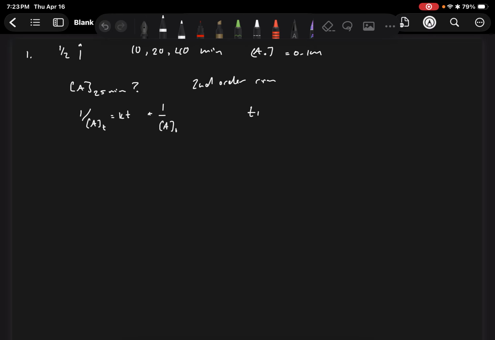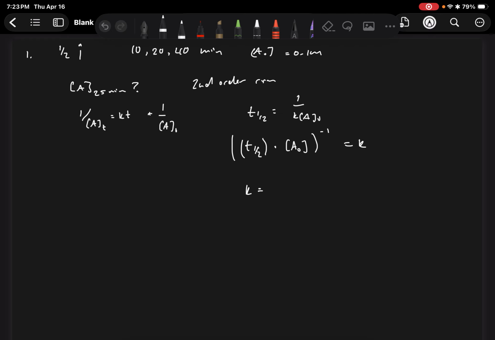Second order, T1/2 equals 1 over K A naught. And we know that the first half-life is 10 minutes. So that means we could just do T1/2 multiplied by A naught to the power of -1 is equal to K, because we have to do the reciprocal to find K. Am I missing something?